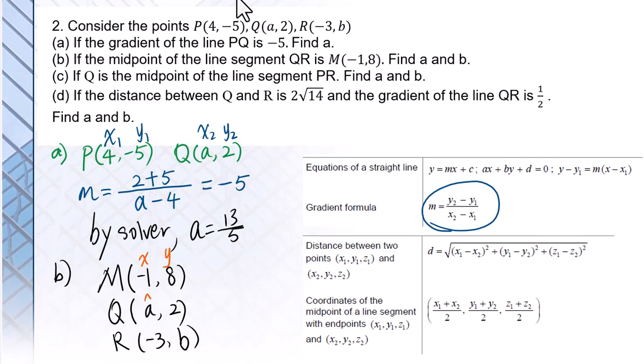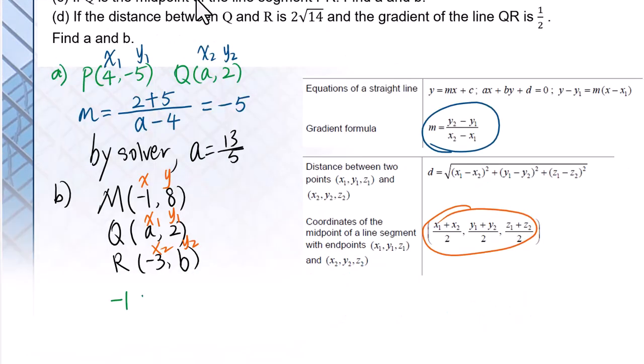Let's label x1, y1, x2, y2. We will use this formula. x is -1 equals x1 plus x2 over 2, a minus 3 over 2. For y, 8 equals y1, 2, plus y2, b, over 2.